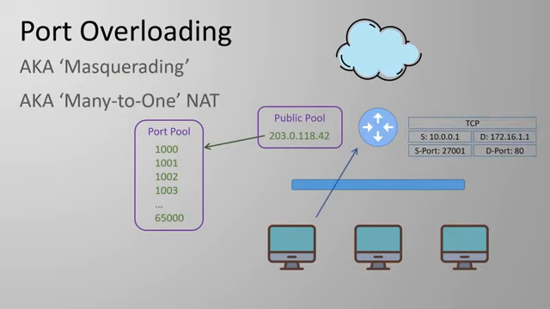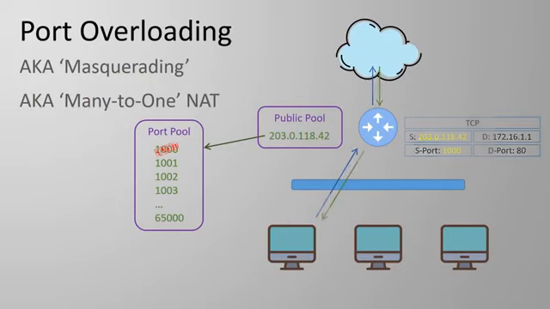It sends a packet to the router, which contains the source and destination IP and port numbers. The router will rewrite the source IP with the public IP address, and it will also rewrite the source port with a port from the pool. The router keeps track of which ports have been used and which workstation is using them. This way it knows where to send return traffic.